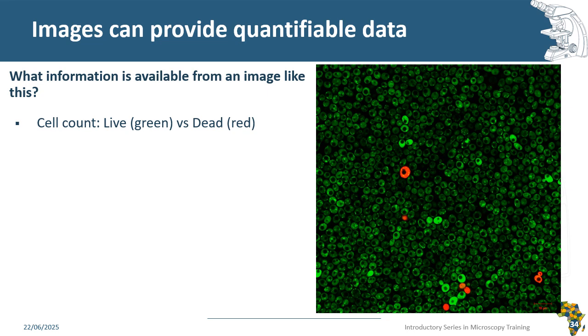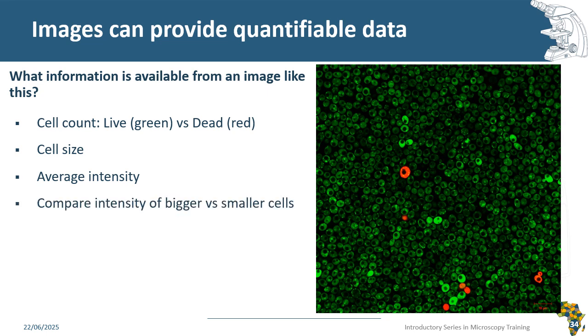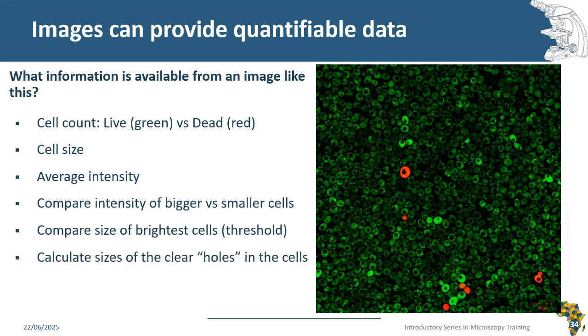In this case, you can do a cell count, live versus dead, if you are able to put dyes and stainings that identify that in your sample. Then the cell size, the average intensity. So maybe if you have put an antibody on some protein, you can have a proxy for protein level in different conditions, in different cells. You can compare intensity, bigger versus smaller cells, for example, size of the brightest cells, circularity, and different morphological measurements.